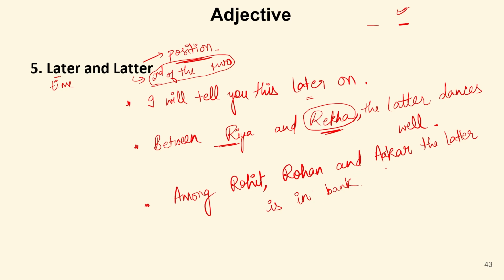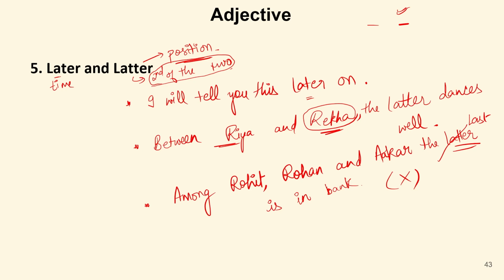Now, if we see these three persons, I said the latter. But I've already told you that latter is used only for two persons. It means the sentence is incorrect. To make it correct, we can replace this word latter with the last. The last one is the banker, or the last one does the job in a bank.